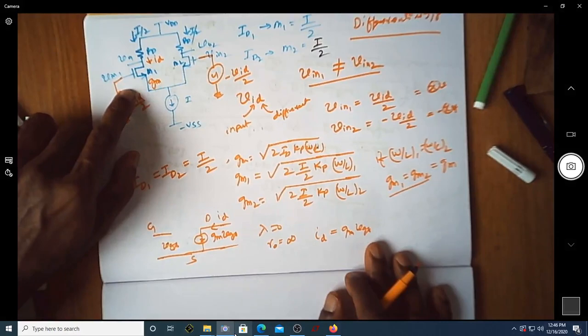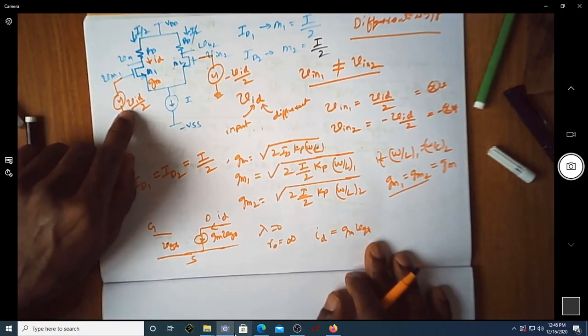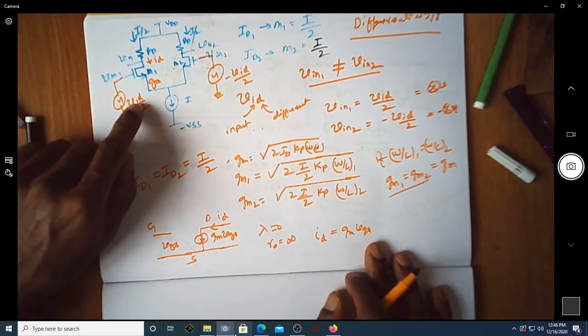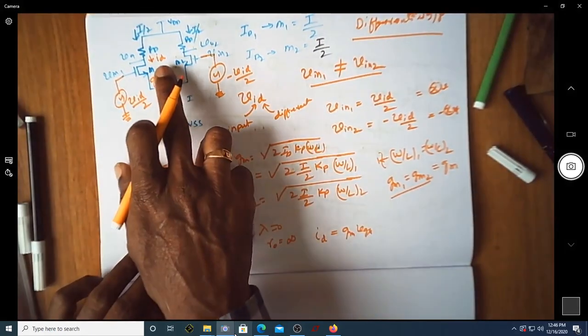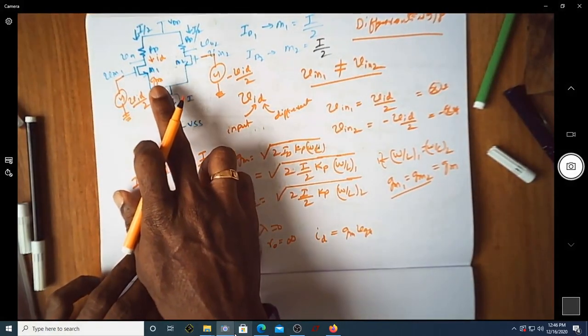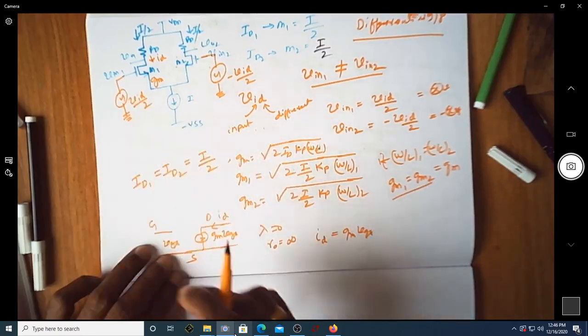So what is small ID? It's actually GM into VGS in a general transistor, but for this particular differential amplifier, since the small signal applied is VID by 2, shall I name this ID as GM into VID by 2?